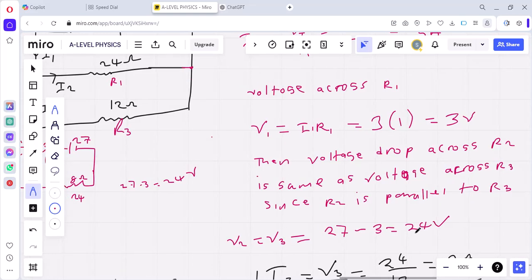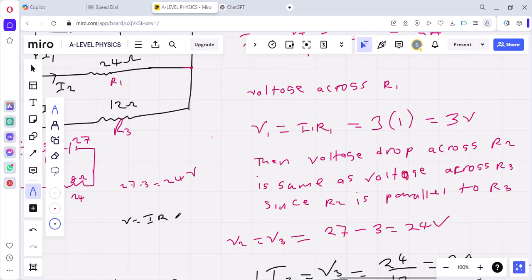If you want the proof, you can still say the combined resistor here is 8. So if you want to know the potential difference across that, V is equal to the current passing through these two resistors, which is the total current in this case, times the resistor itself.